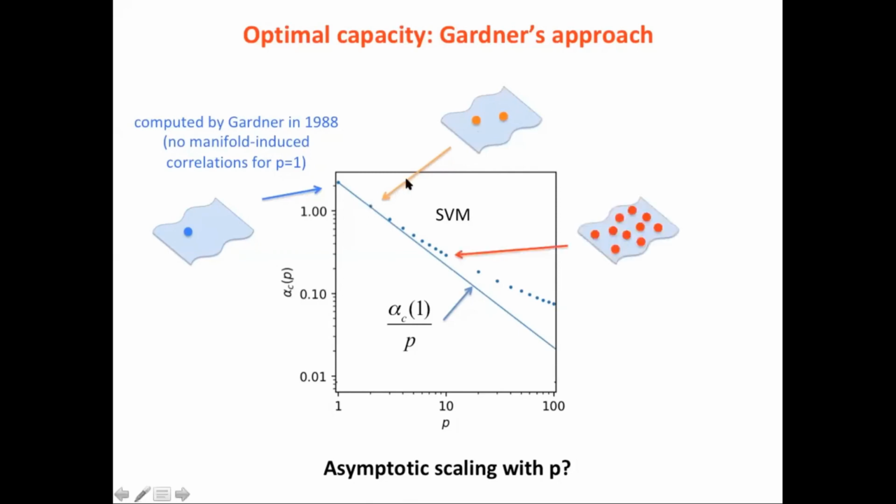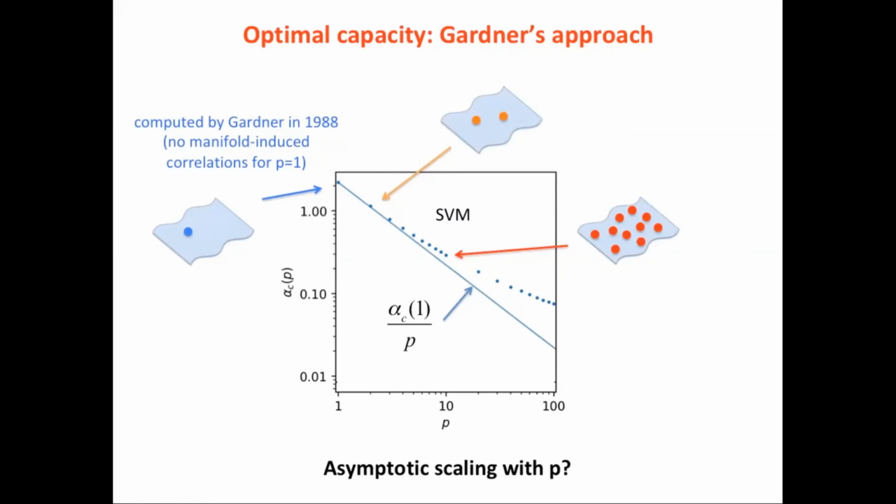As you put more and more points, of course, these points are closer and closer to each other. So the constraints they induce, I mean the inequalities they induce on the W matrix, on the synaptic interaction matrix, are more and more similar. So actually, the factor by which you decrease the volume of the space in W space is less than P, because the more patterns you have, the more similar they are, and the more similar are the constraints.